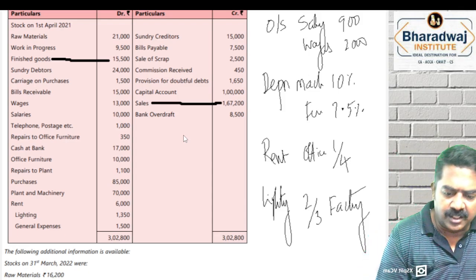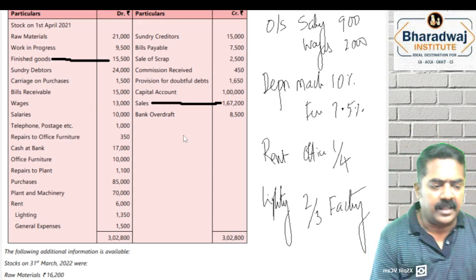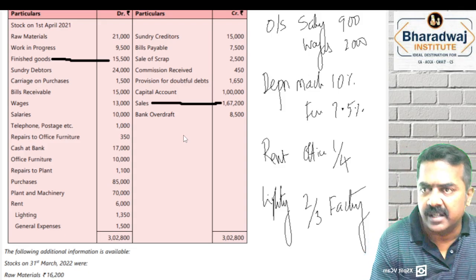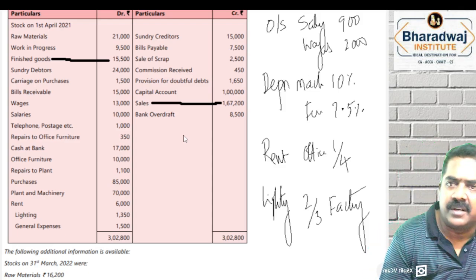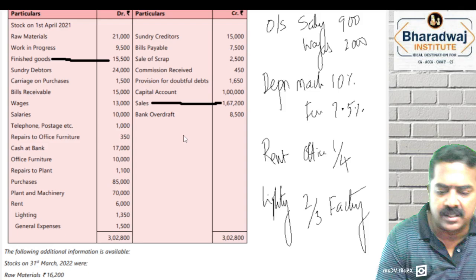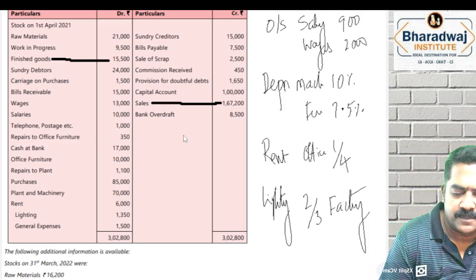Telephone charges will come. Then rent, lighting and the balance. Rent 3/4 we have taken for factory. Now 1/4 will come in P&L account. Lighting 2/3 we have taken for factory, that is manufacturing account. Remaining 1/3 will come. General expenses you can charge.